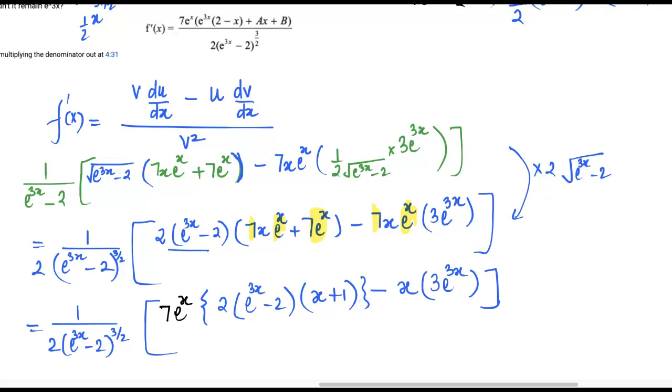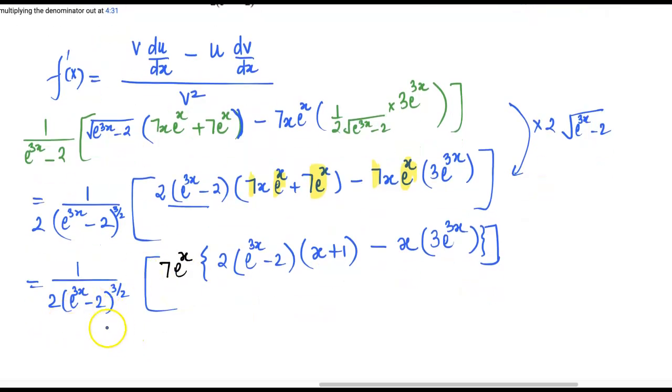This curly bracket should not end over here because we have taken the common there, 7x common. So in that case, it's going to be here, right? I think so. Yeah.